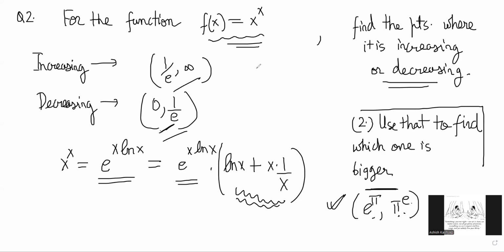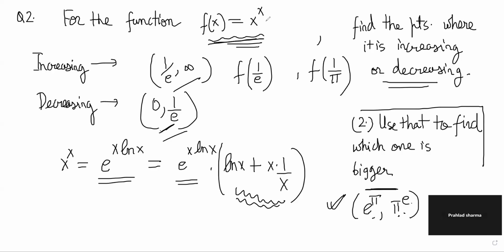इसमें ऐसा सोच सकते हो कि f of x अगर ये है, उसमें f of 1 by e और f of 1 by pi का वैल्यू निकालना है मान लो, राइट? करेक्ट?